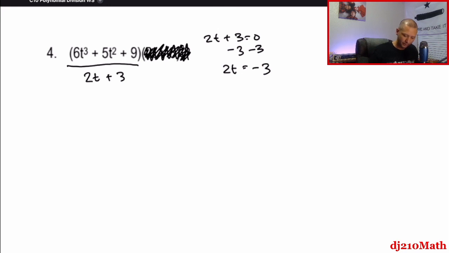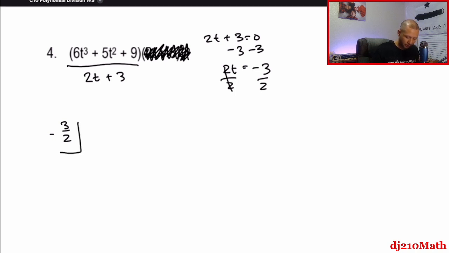Divide by 2, divide by 2. So t is equal to negative 3 over 2. So this is going to be negative 3 over 2 in the box.